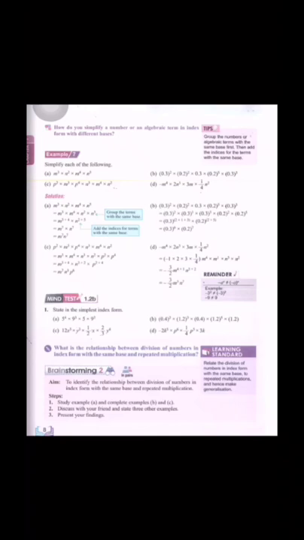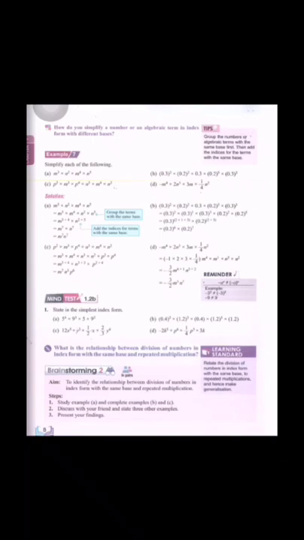So also B, 0.3 to the power of 2 times 0.2 to the power of 2 times 0.3 times 0.2 to the power of 5 times 0.3 to the power of 3. So we group the terms with the same base, 0.3 with 0.3, 0.2 with 0.2.